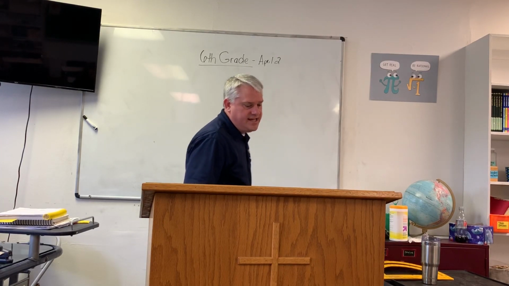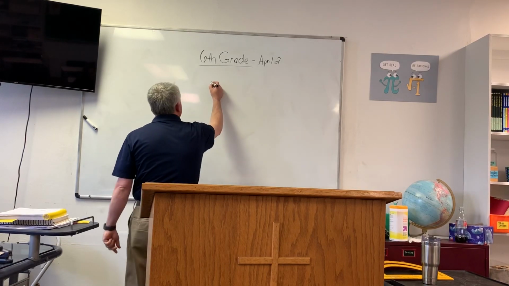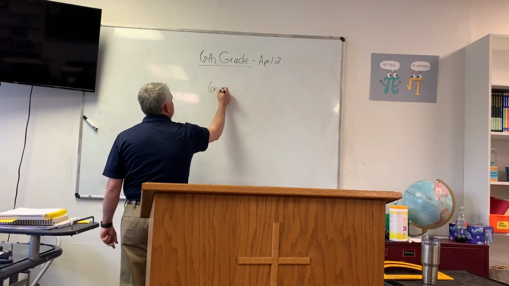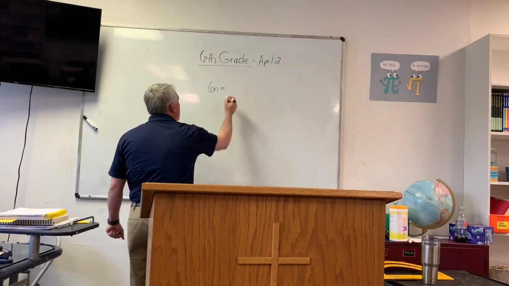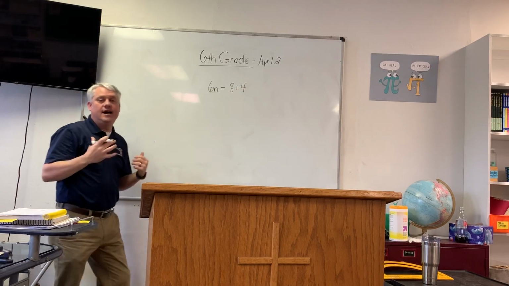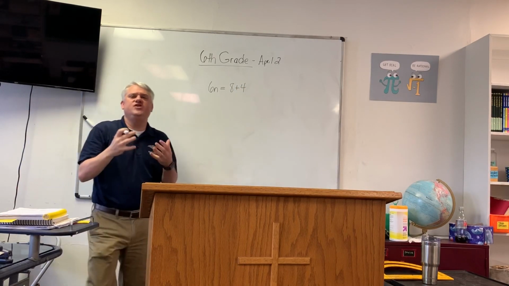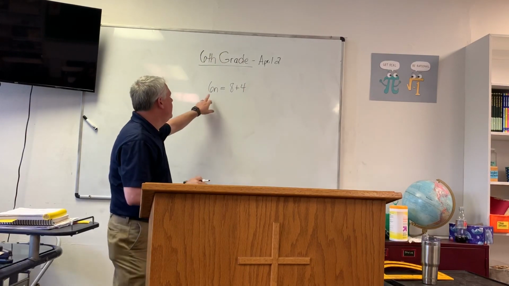And then look at the next one that they have for us. It is 6n equals 8 plus 4. So I'm going to go through the same steps, class. I'm going to look at both sides of the equation and see if there's something I can solve. Is there something I can simplify? Can I multiply?